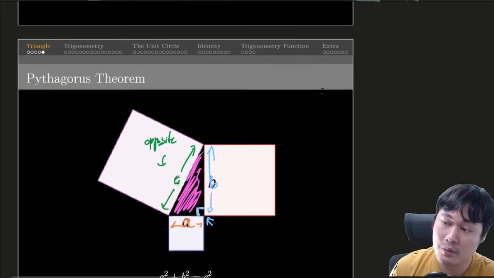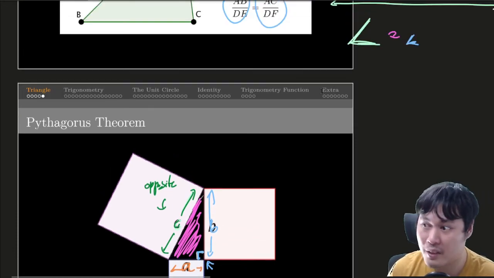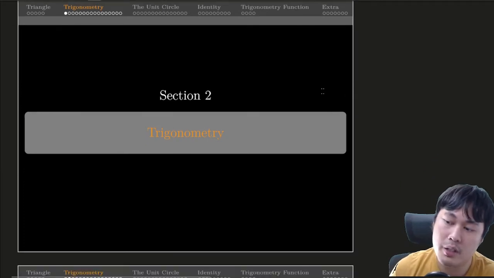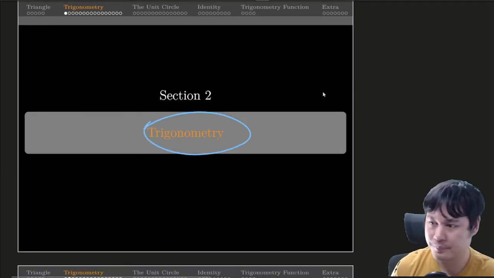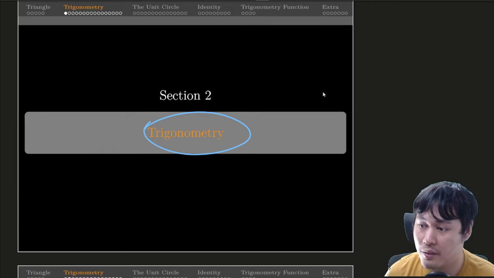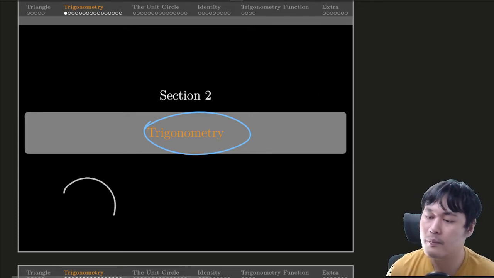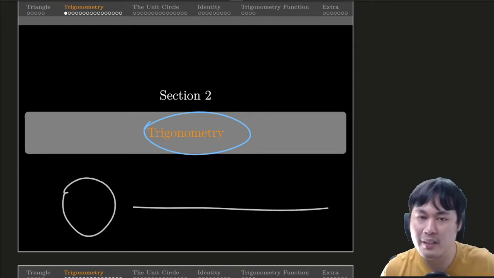Okay, once we have these two facts, these two facts are enough to give a proper definition for the trigonometry functions. But before we get into the details, let's see what kind of problem we will solve. First we have the problem about the pedal.